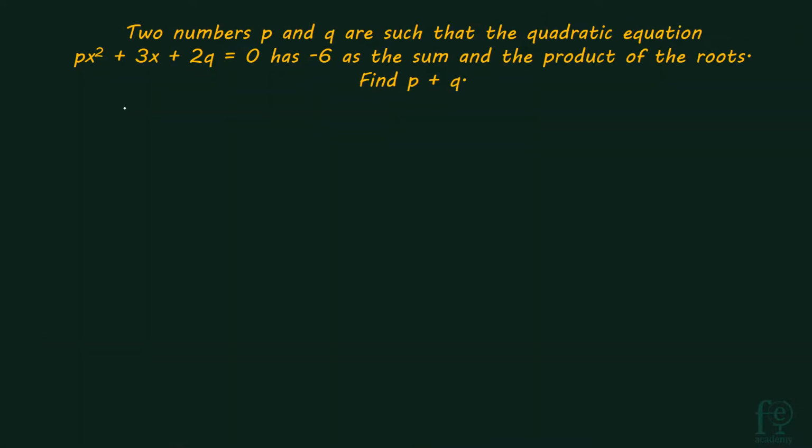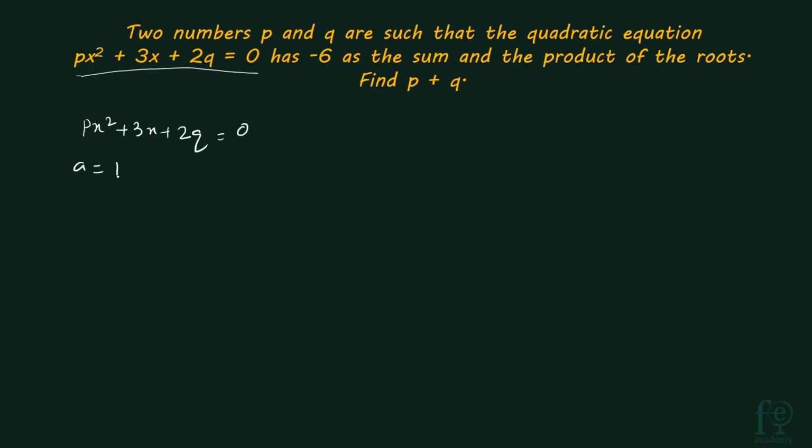Next question: two numbers p and q are such that the quadratic equation px square plus 3x plus 2q is equal to 0 has minus 6 as the sum and the product of the roots. Find p plus q. So first, our equation is px square plus 3x plus 2q is equal to 0. So what is a?